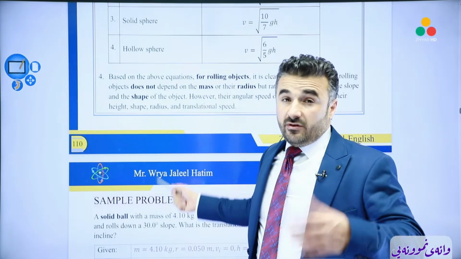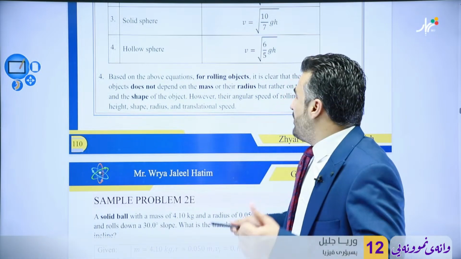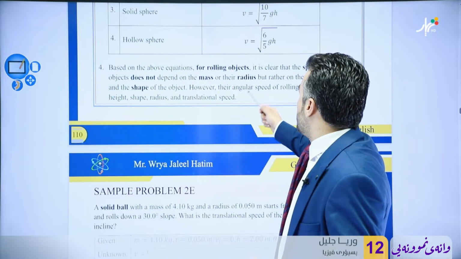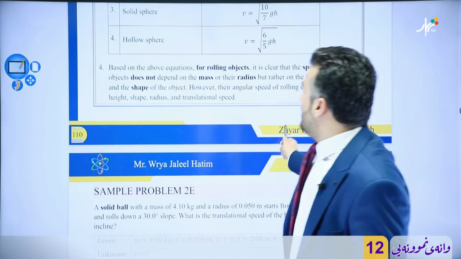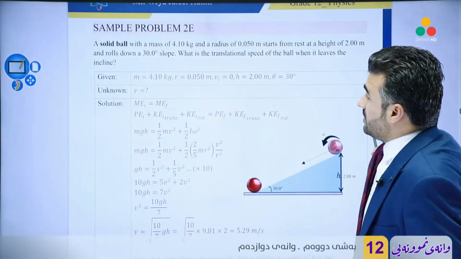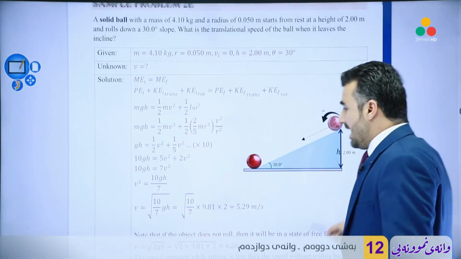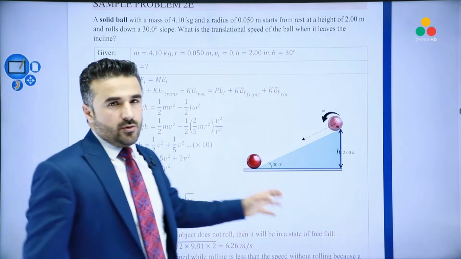However, if it is the angular speed, it depends on the speed of the rolling, the height, the shape, and the radius as well. And of course we said the translational speed as well.